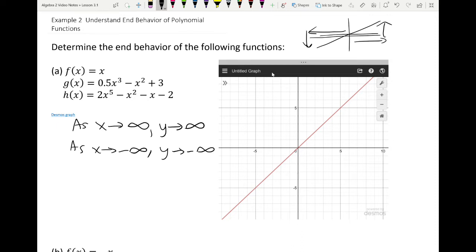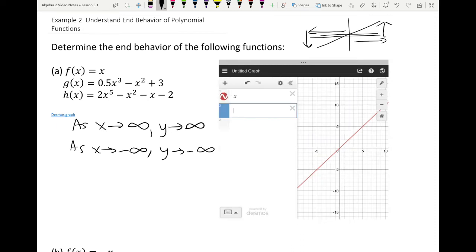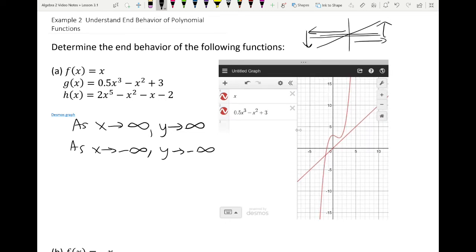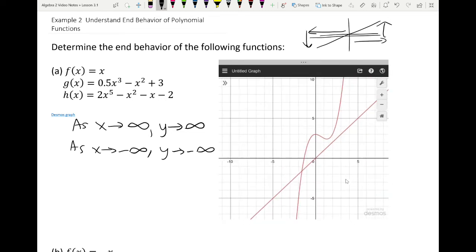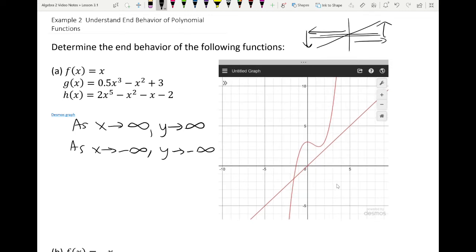All right, let's look at the next graph, 0.5x cubed minus x squared plus 3. So now we got our next graph. Notice that the graph looks kind of like this.